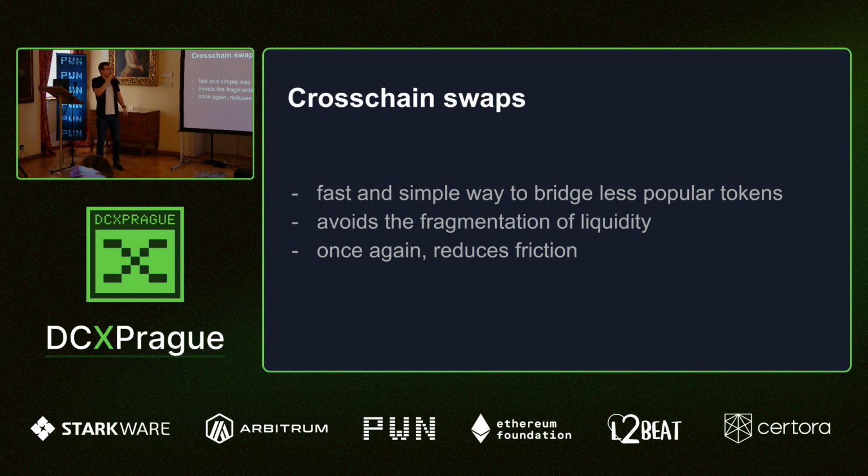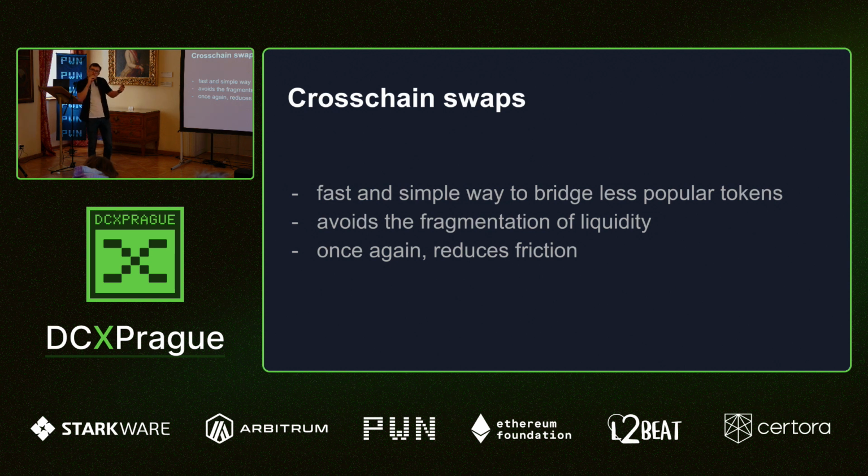However, if you're trying to bridge something less popular, let's say the Arbitrum token, nobody really does that straight up. So liquidity providers just won't care to provide liquidity for it. So the way to fix that is to, before you actually do the bridge itself, swap to a token that is actually supported by a liquidity pool, usually against stablecoins.